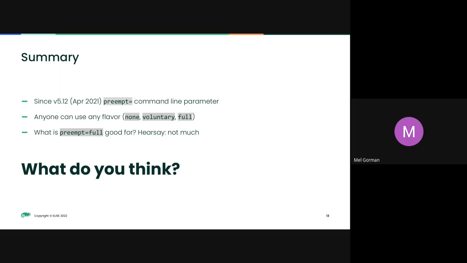Full does have better responsiveness, but it's also a lot choppier than voluntary, say. There can be over-scheduling events where something trivial becomes runnable and CFS decides that it needs to run immediately because it's preempt full. So there is a noticeable loss in throughput between voluntary and full.